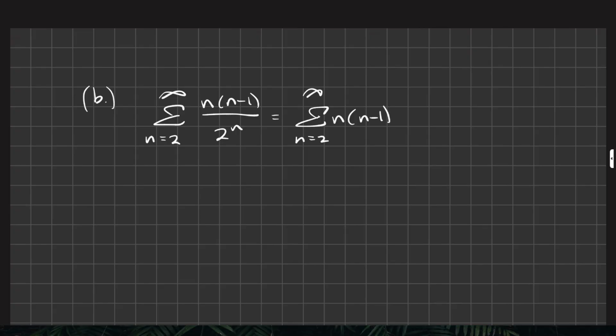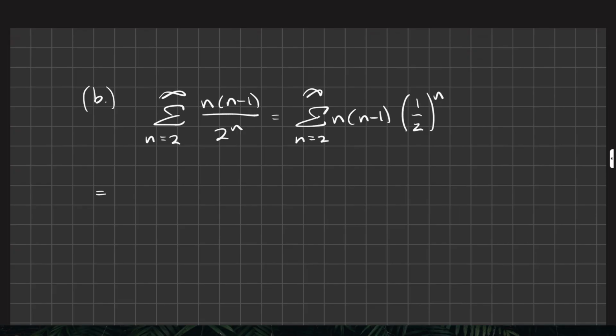So we're going to evaluate this series at x equals 1/2 using the closed form that we found in A. This is the series from n equals 2 to infinity of n times (n minus 1) times (1/2) to the n power.